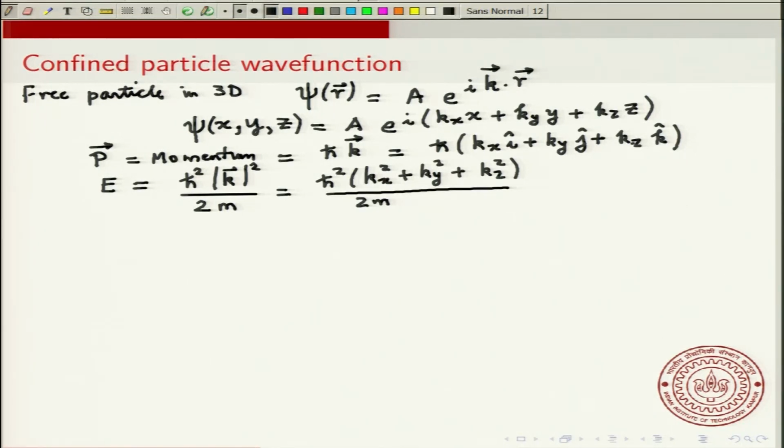Okay. So, now let us go to a confined particle. So, let us say the particle is confined in 1D, between x equal to 0 and x equal to L. You should have done this problem in your basic quantum mechanics.